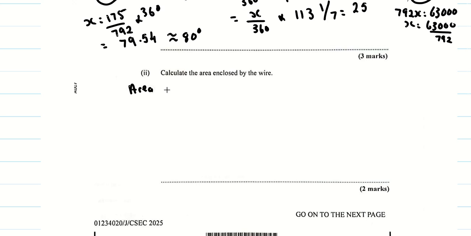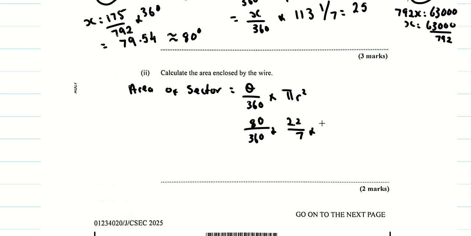Area of a sector is equal to theta over 360 multiplied by pi r squared, which theta will say 80. 80 over 360 multiplied by 22 over 7 multiplied by 18 squared is equal to, so the area of the sector is 226 and 2 over 7.